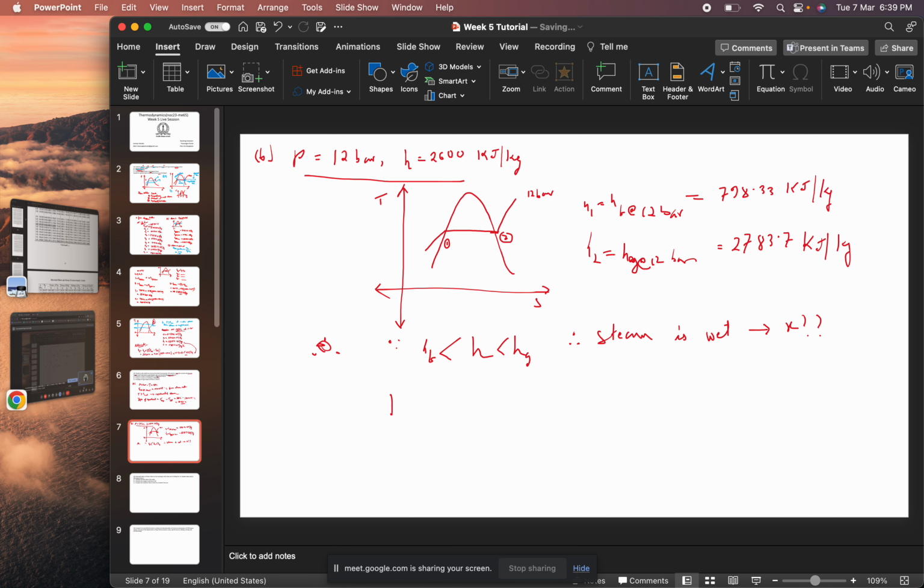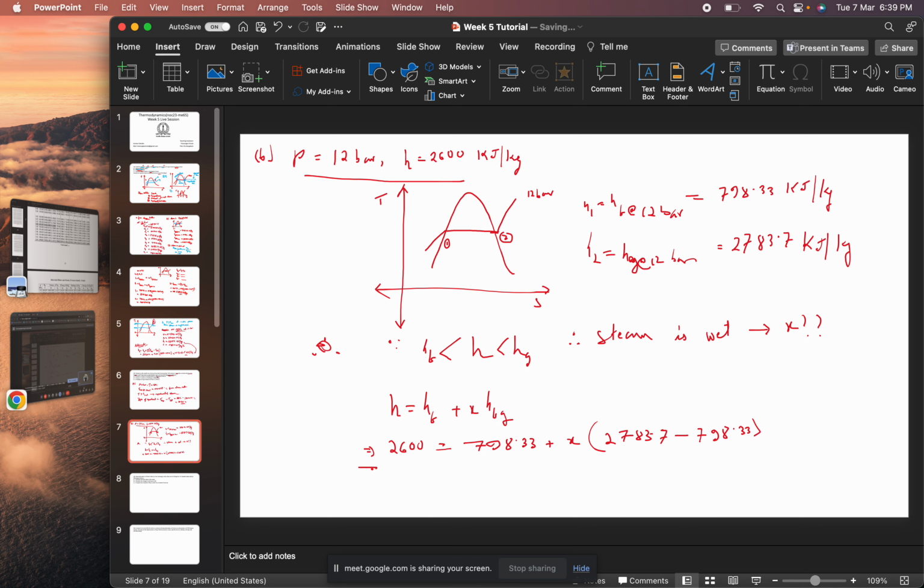What we know is that H is basically HF plus X HFG. H is given to us as 2600. We already found HF, 798.33. We assume X, and HFG is 2783.7 minus 798.33.